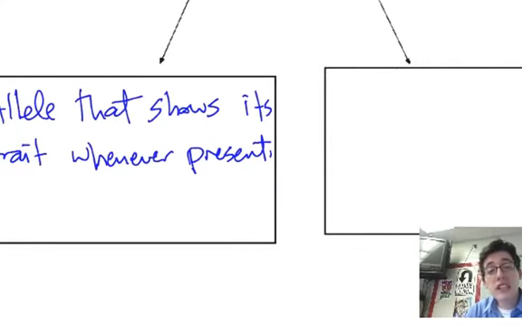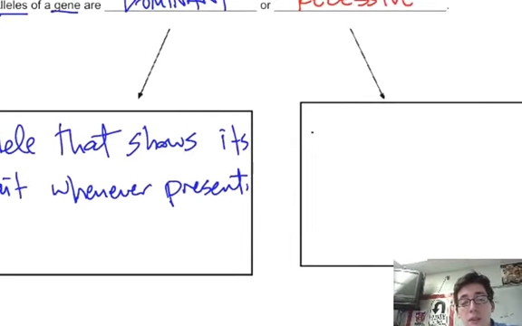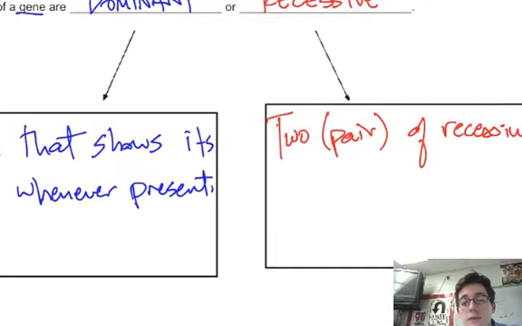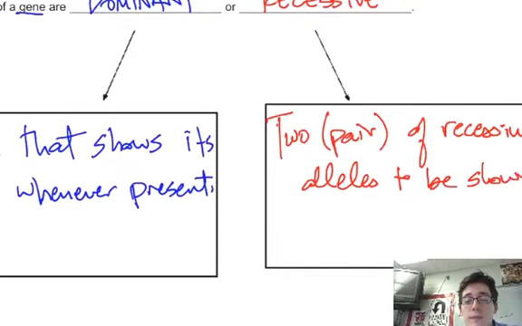In order to see the recessive trait, you need to have two, or a pair, of recessive alleles to be shown. So blonde hair is a recessive trait. That means I need to have two blonde alleles when they pair up next to each other.